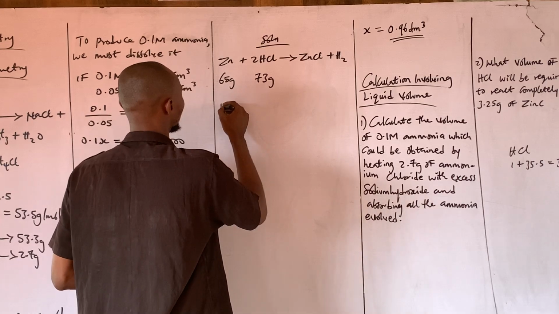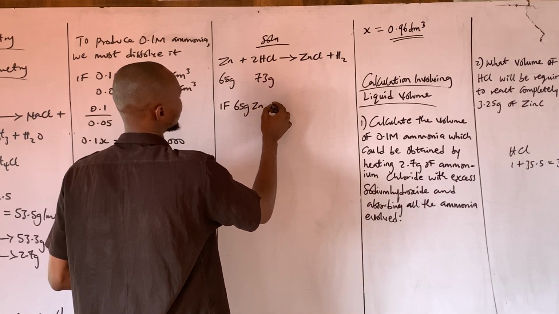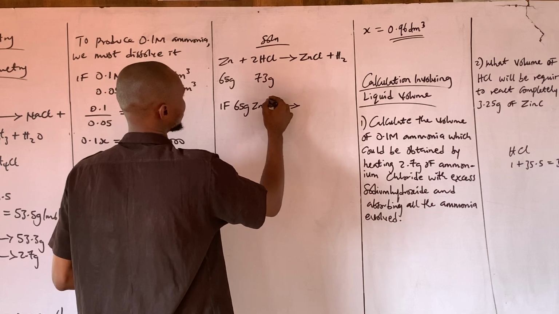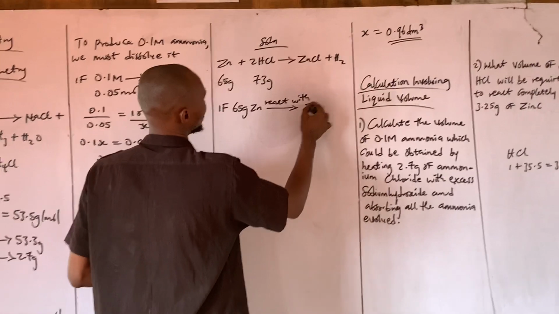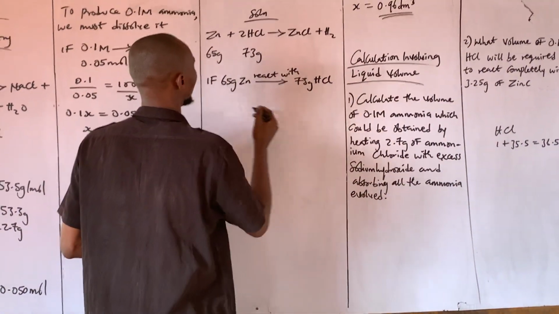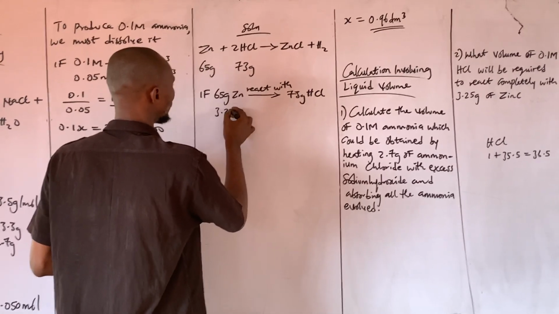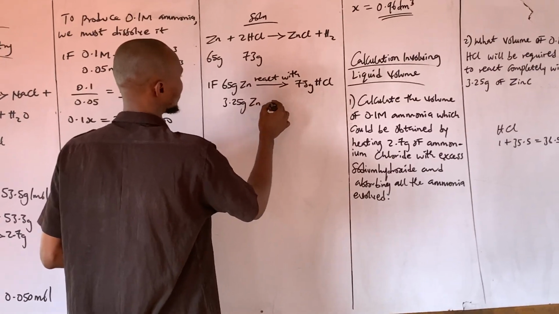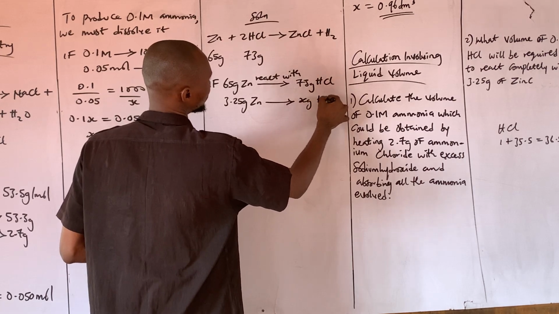Now, what are we going to do? We'll say that if 65 gram of zinc react with 73 gram of hydrogen chloride, then 3.25 gram of the zinc will react with X gram of hydrogen chloride.